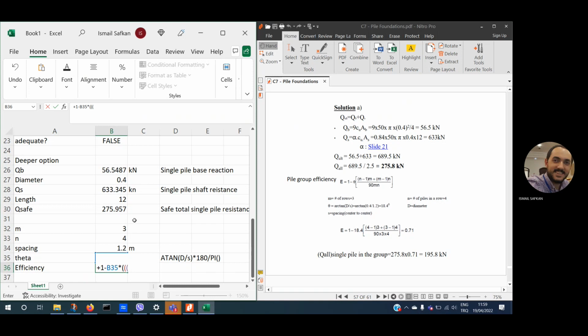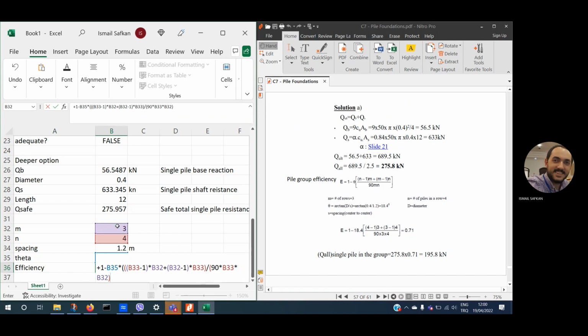Then it will be 4 minus 1, close bracket, times row, plus open bracket, this minus 1, times that, close bracket, divided by 90 times this times that.